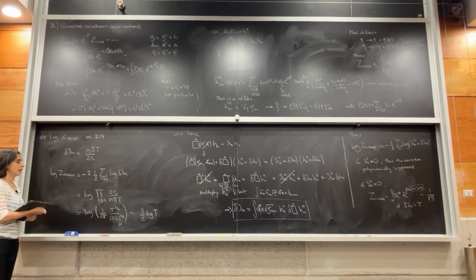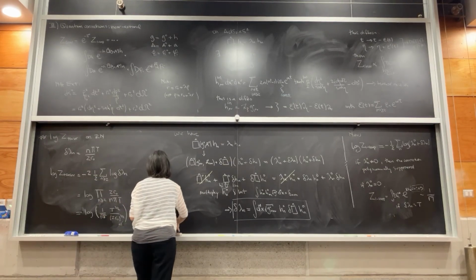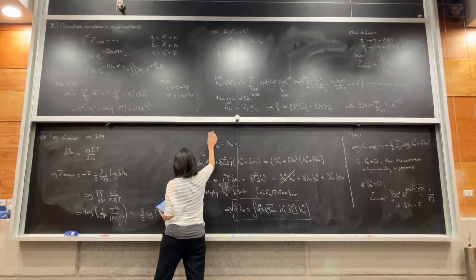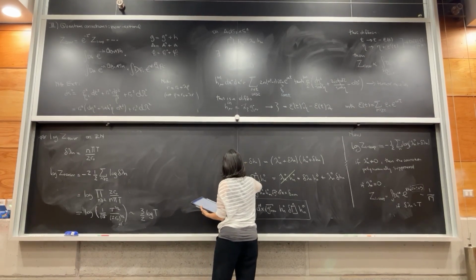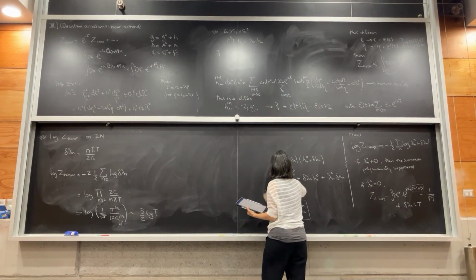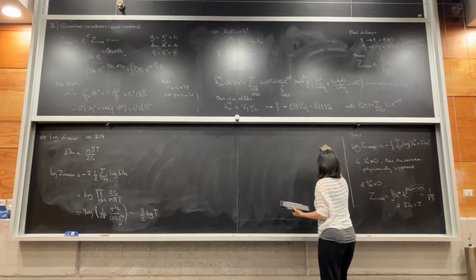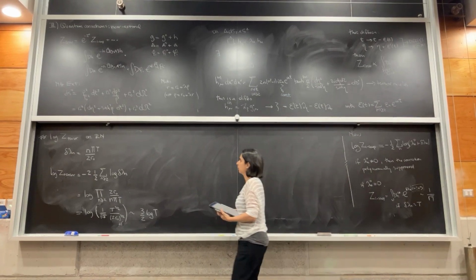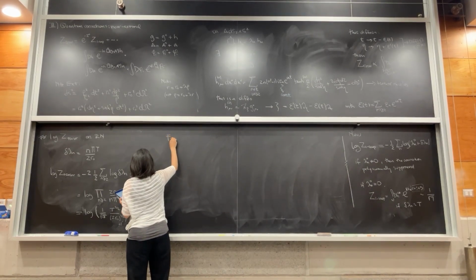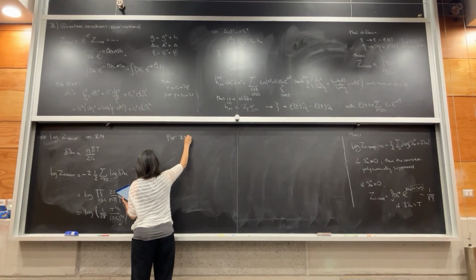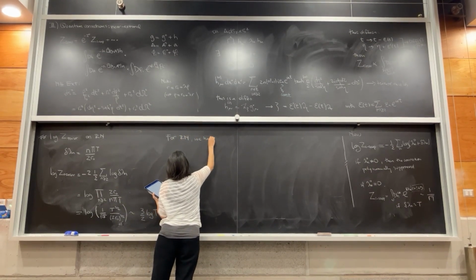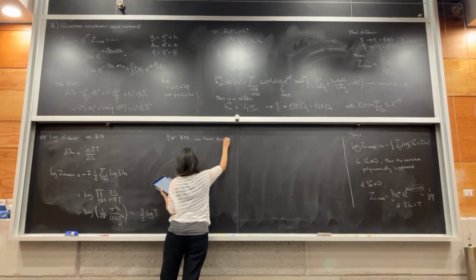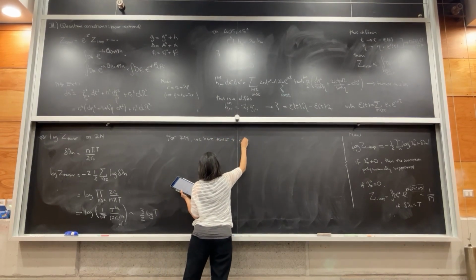In the case of Rn, we have what people call tensor modes and vector modes.